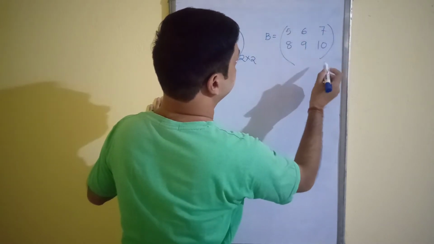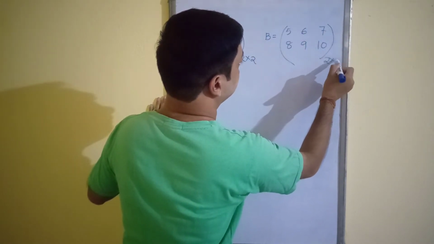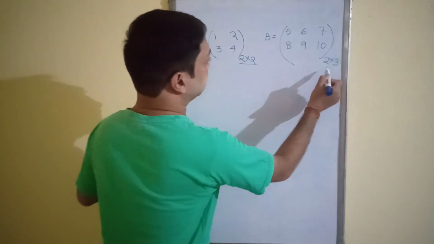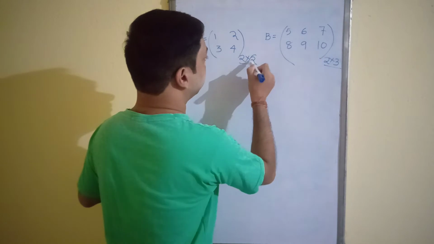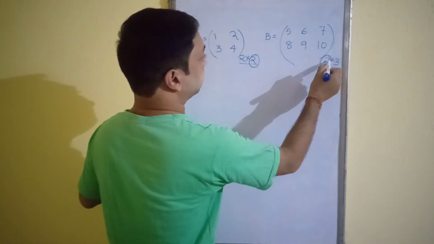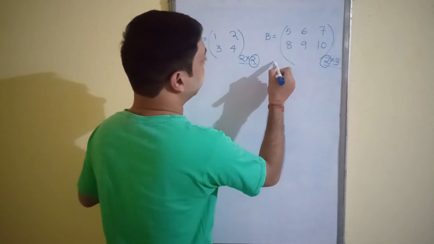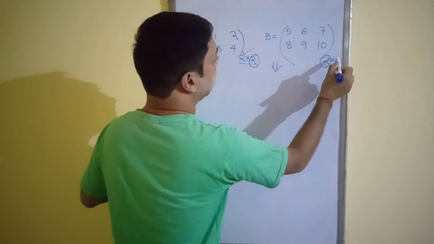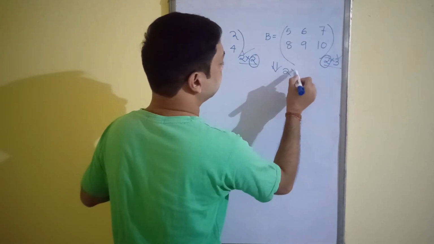Here the order is 2 into 3. Now you can see this is 2 into 2, this is 2 into 3. That means this is the column of the first matrix and this is the rows of the second matrix. So both are the same. So the resultant matrix we will obtain will be this 2 and this 3, that is 2 into 3.